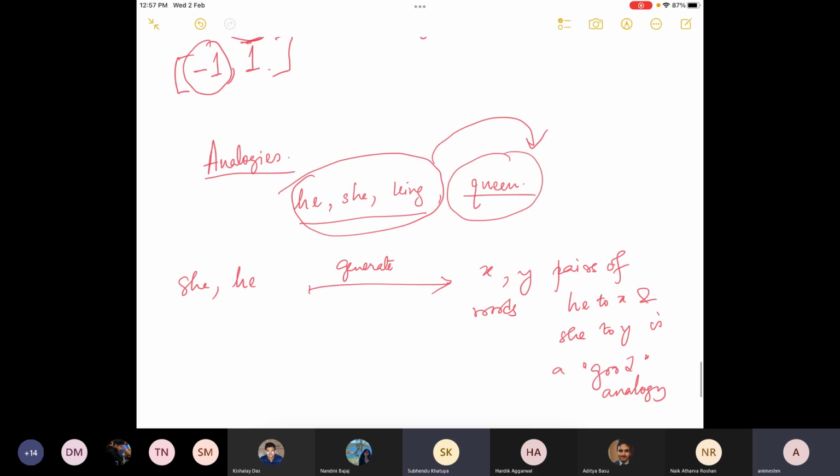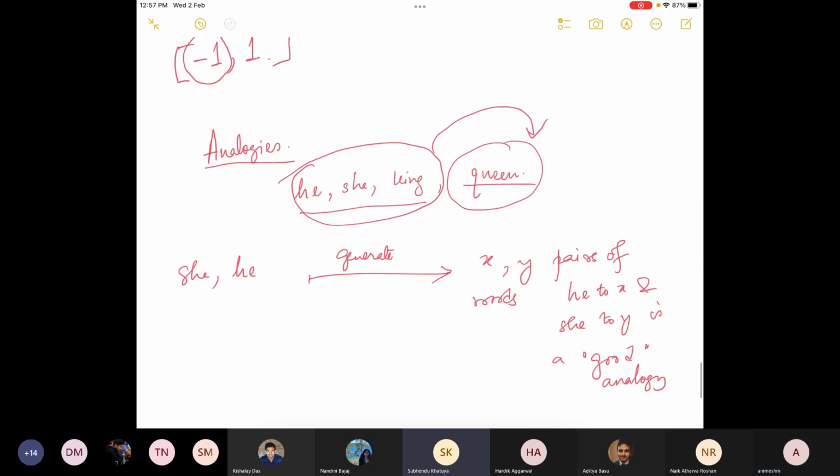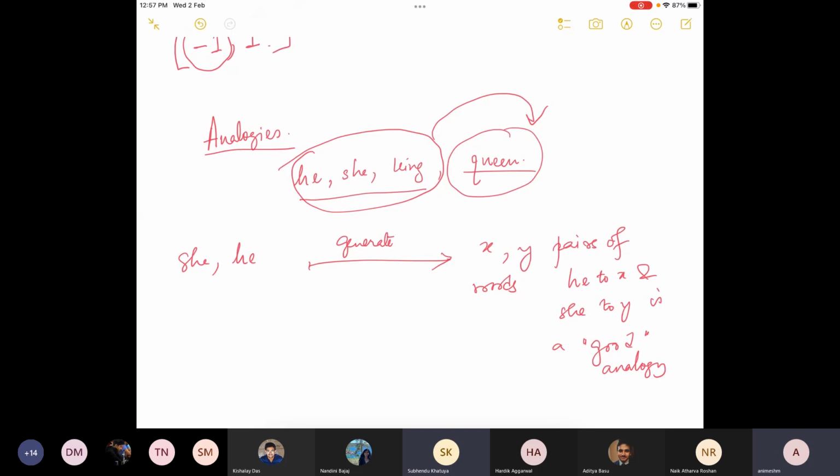However, for their purpose, the authors slightly changed the problem definition: I am given a pair of words, like she and he, and I want to generate all such XY pairs of words such that he to X and she to Y is a good analogy, and I want to score these analogies.